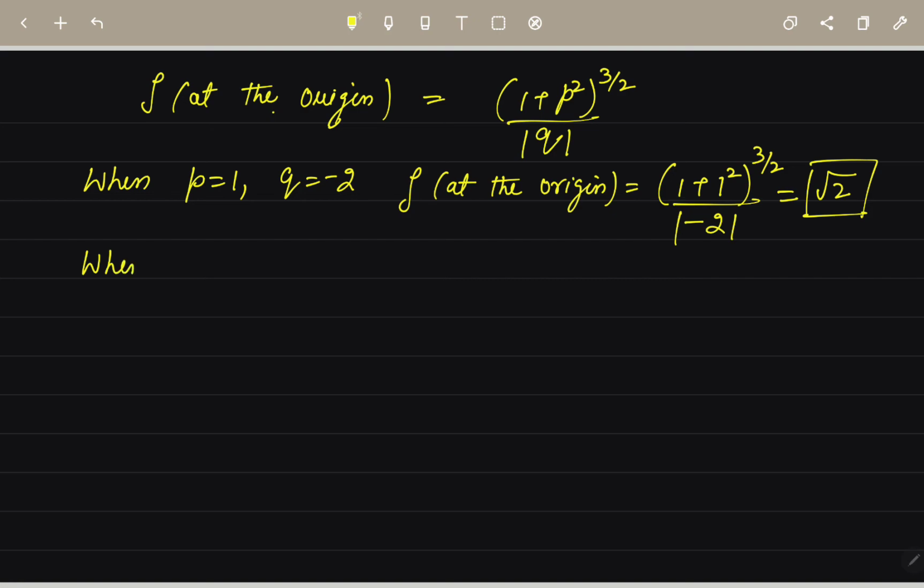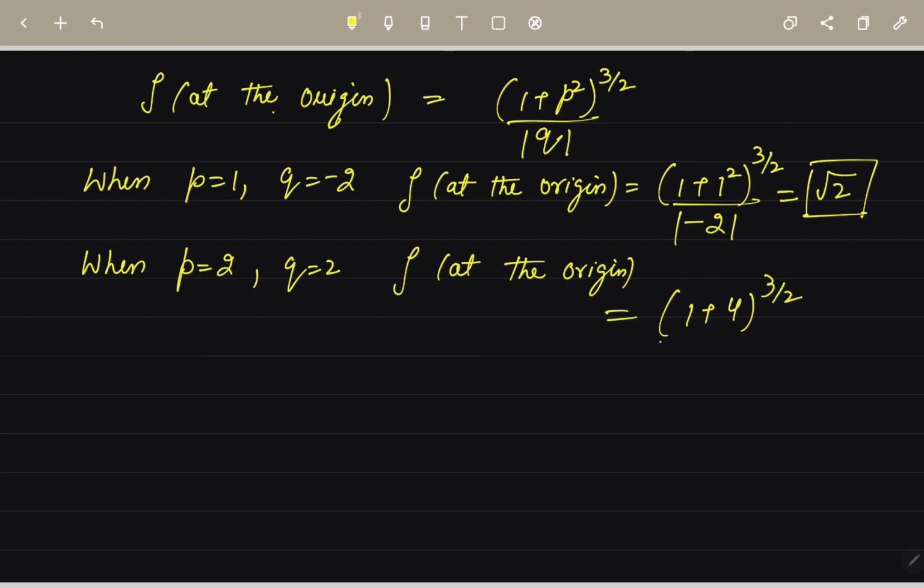Similarly, when p is equal to 2 and q is equal to 2, rho at the origin is given by the same thing: (1 plus 2 square, that is 4) raised to the power 3 by 2 divided by q, which is 2. After solving this, I get the value as 5 root 5 by 2.